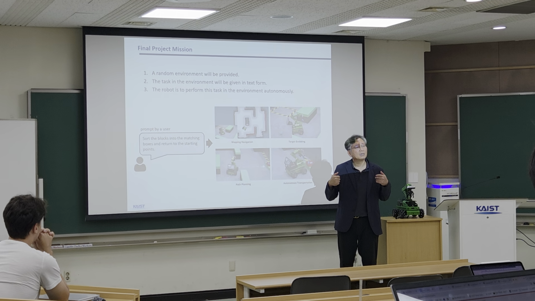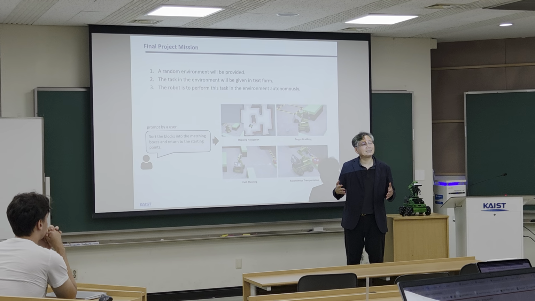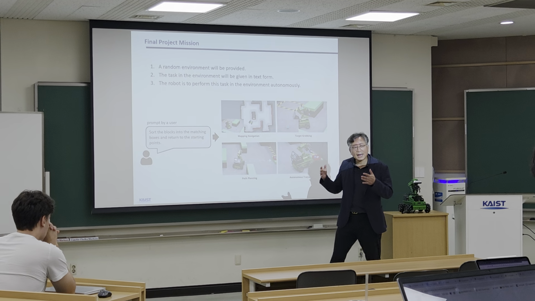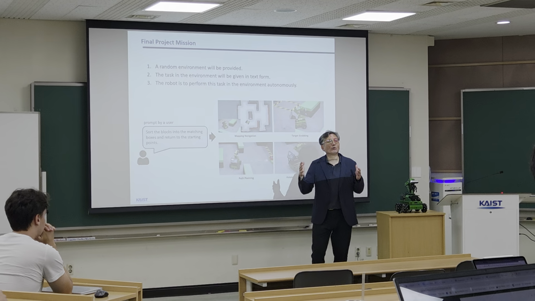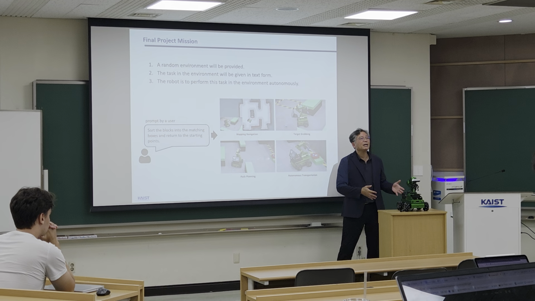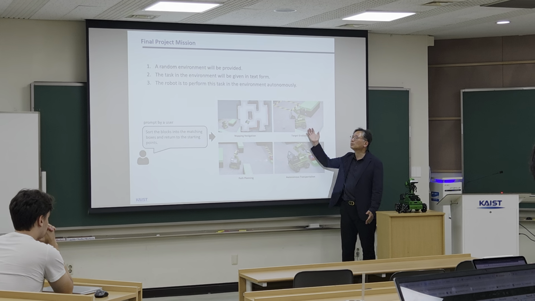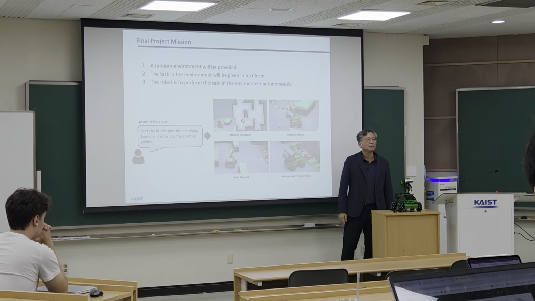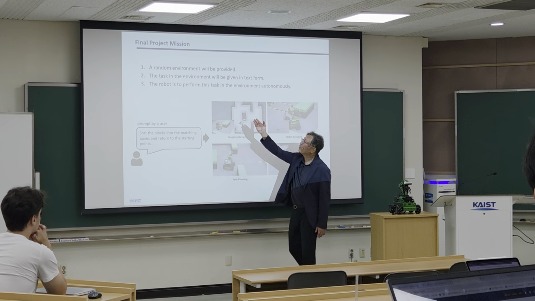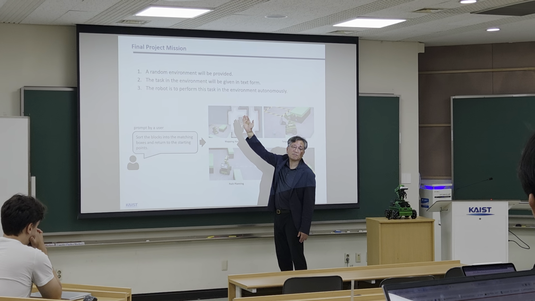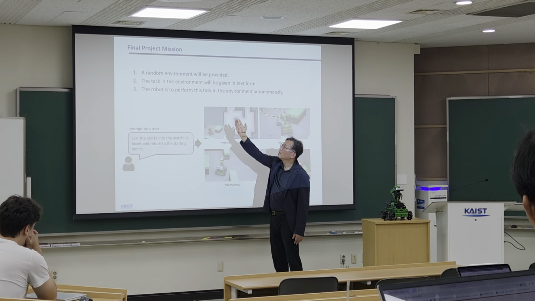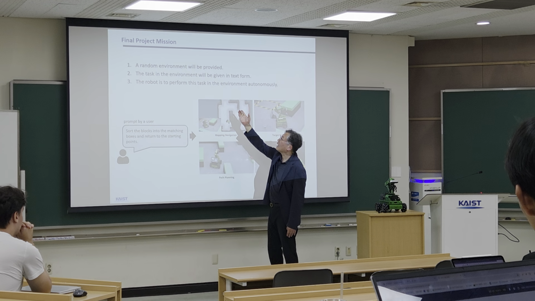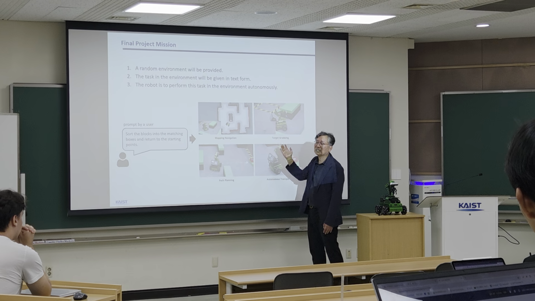So you would design your intelligence such that on that day you'll be shown a new environment, and you would need to map out and perform various tasks. So random environment will be provided on a certain day, and your task will be given in some text form.